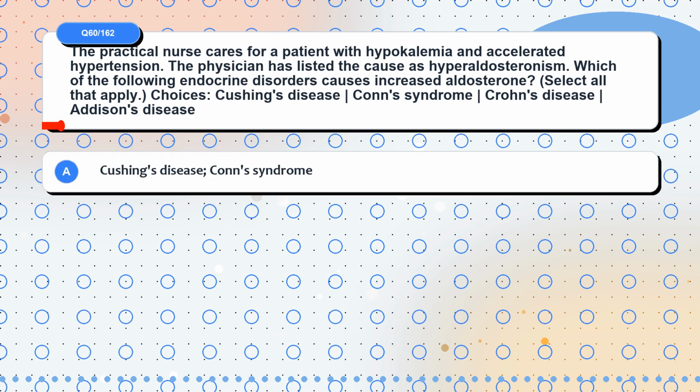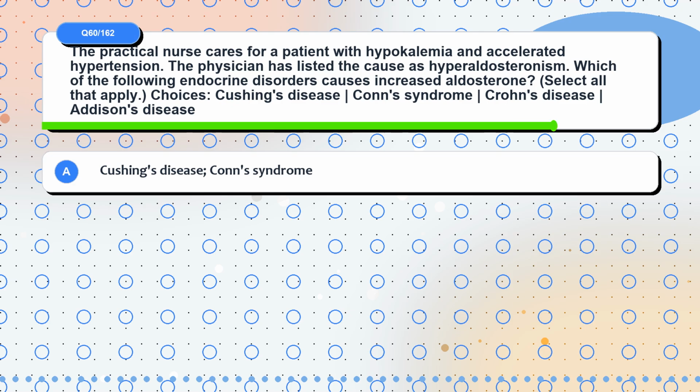Question 60. The practical nurse cares for a patient with hypokalemia and accelerated hypertension. The physician has listed the cause as hyperaldosteronism. Which of the following endocrine disorders causes increased aldosterone? Select all that apply. Choices: Cushing's disease, Conn's syndrome, Crohn's disease, Addison's disease.